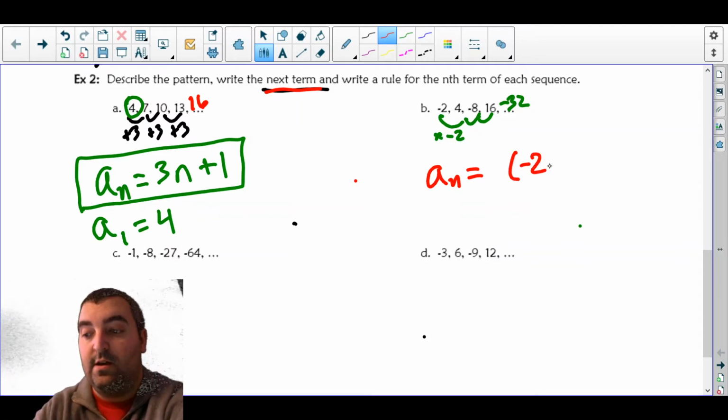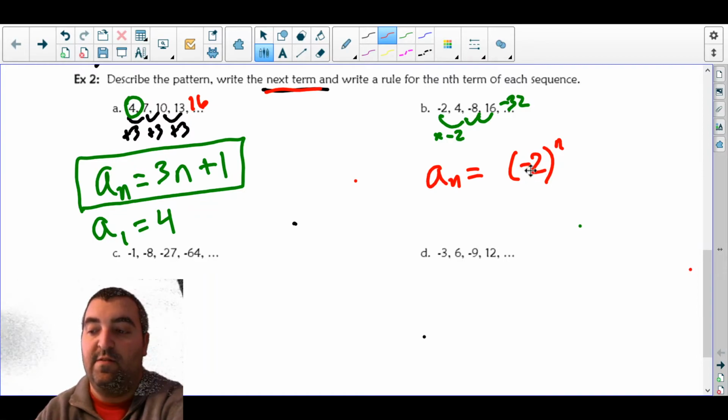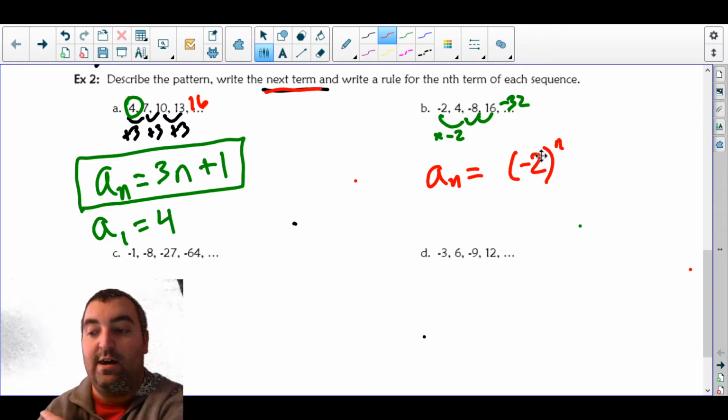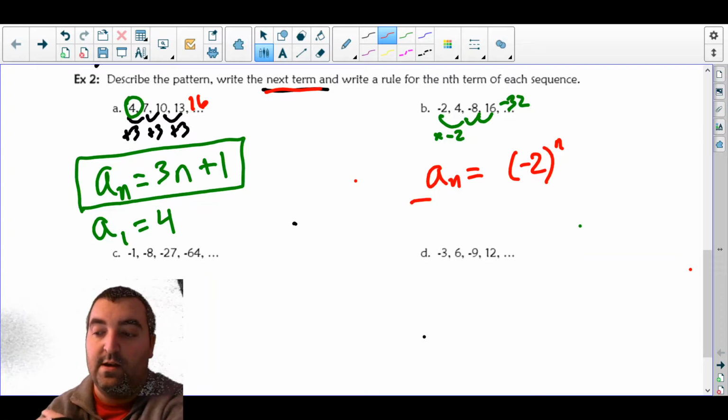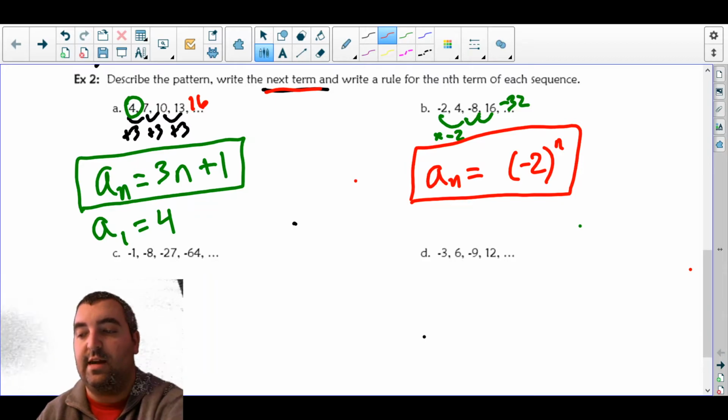Alright, so -2 to the n is actually what we're going to end up getting, because the first one, when I plug in 1 for n, I get -2. When I do 2, that's like me multiplying by -2 again, and that's going to be to the n, squared. And so that's going to be +4. Okay. Like I said, we'll get to finding some of these a little easier than just kind of a guess and check method, but we'll get there.